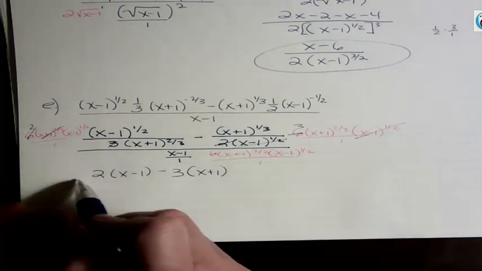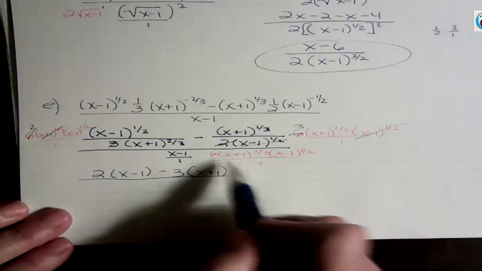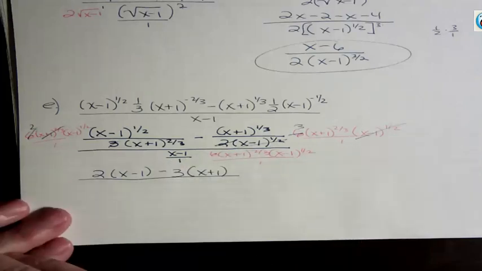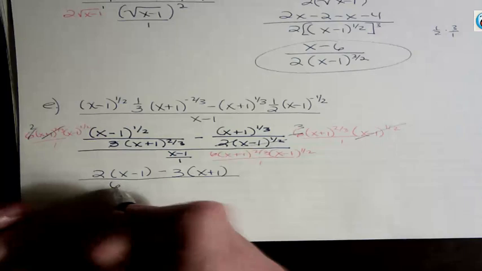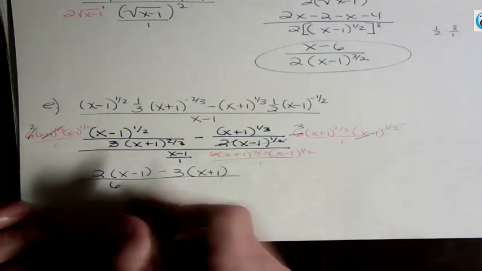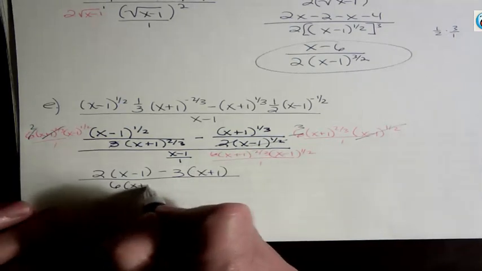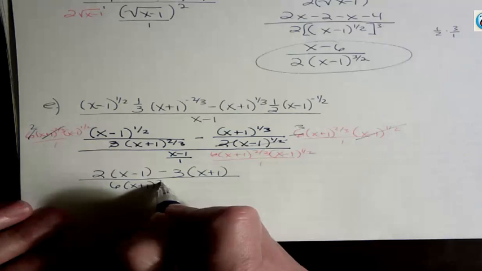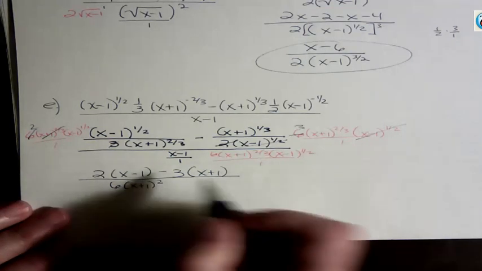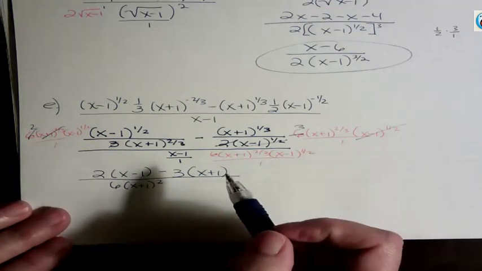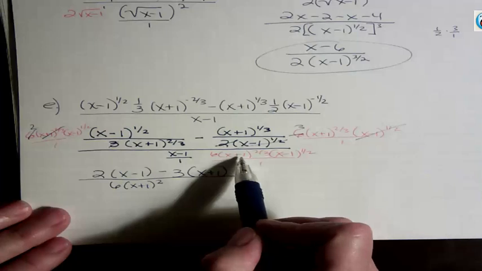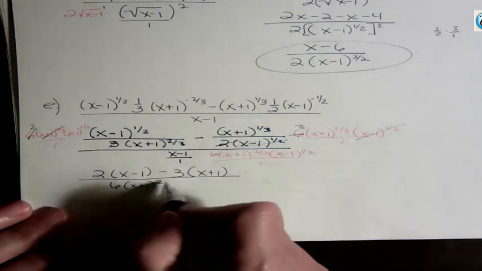Now down below, it's this sort of nightmare thing. But what I have is 6, and I have x plus 1 squared. And wait a second, was x plus 1 my LCD? X plus 1, oh, 2/3, sorry, yeah, 2/3.